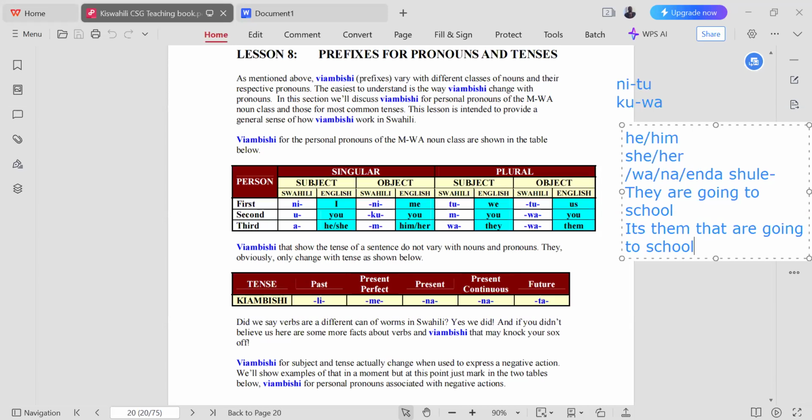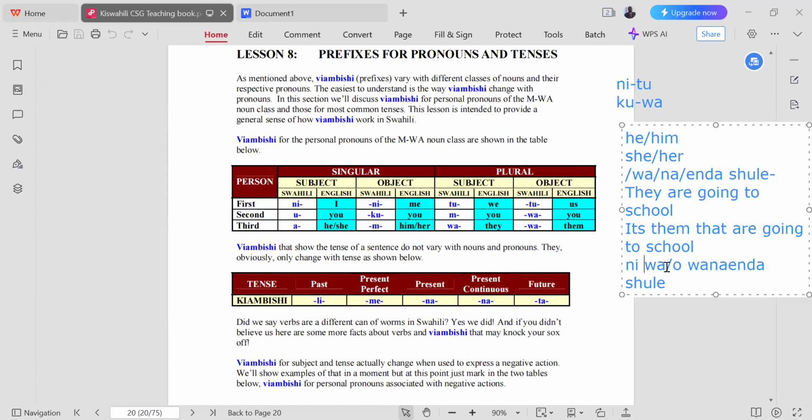But now change this, it is them that are going to school, into Kiswahili. You will say, in Swahili, ni wao wanaenda shule. Ni wao wanaenda shule. Okay. Ni wao. It is them. So you see the word come here, the same word we had. Ni wao wanaenda.